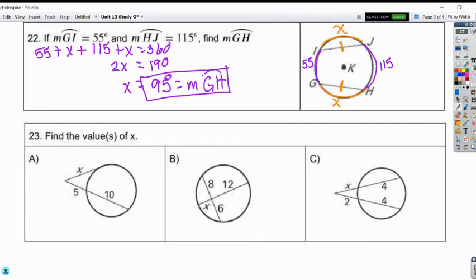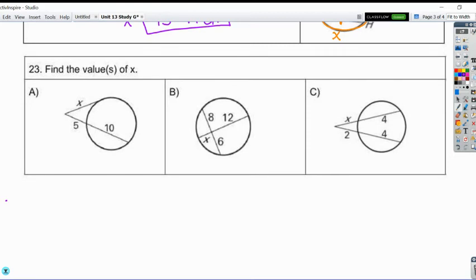All right, then getting into some more about segments. So in letter A there, to solve for x, I've got segments inside and outside of the circle. This one is where we're going to do the outside times the whole. So outside is x times the whole is x.